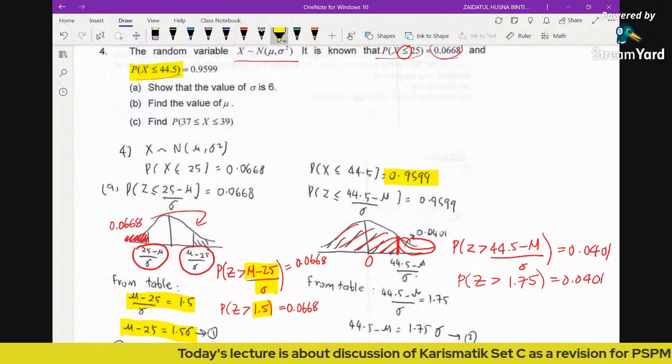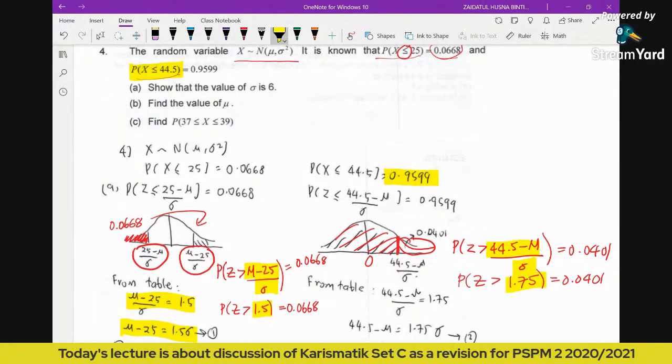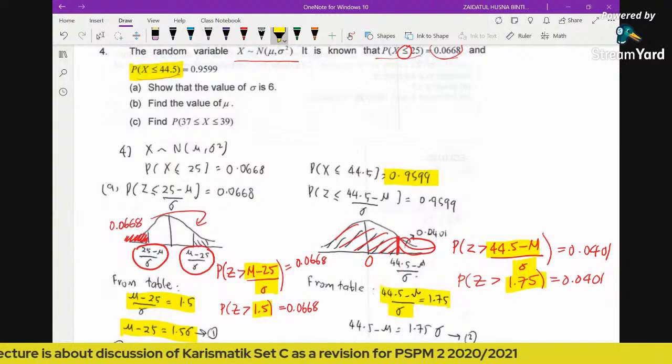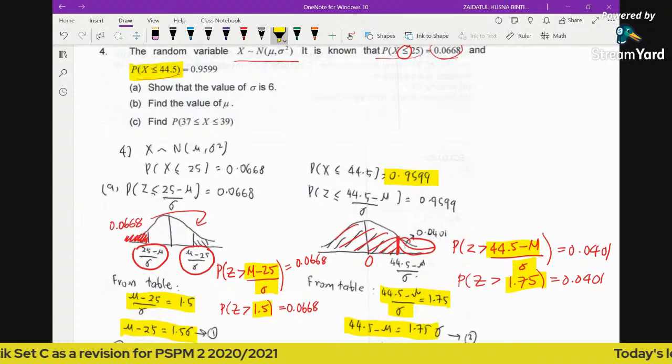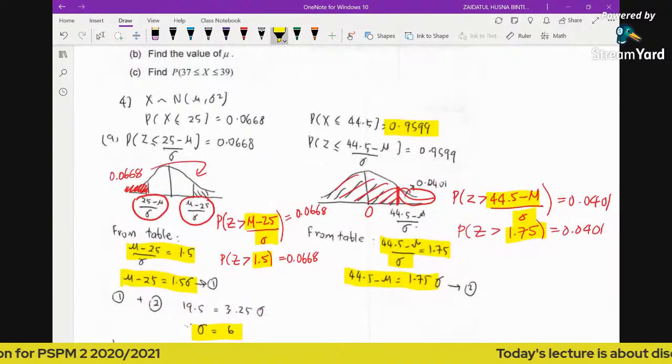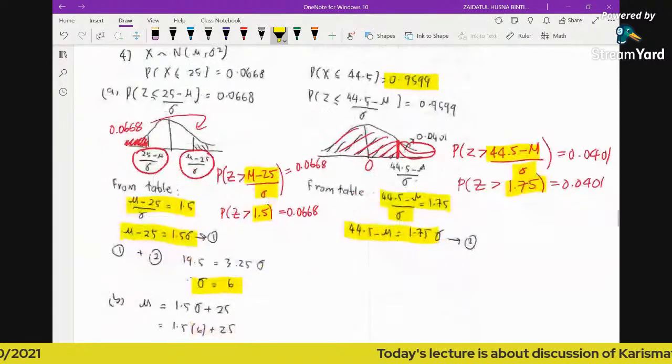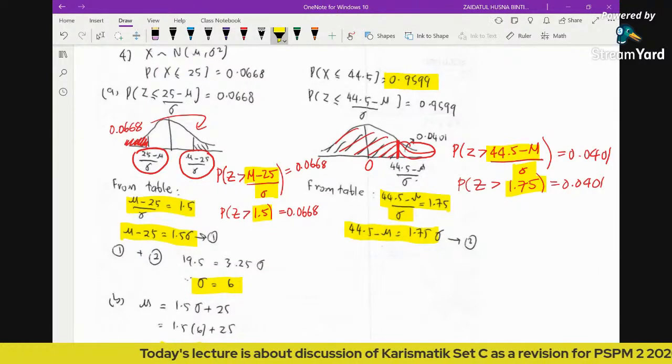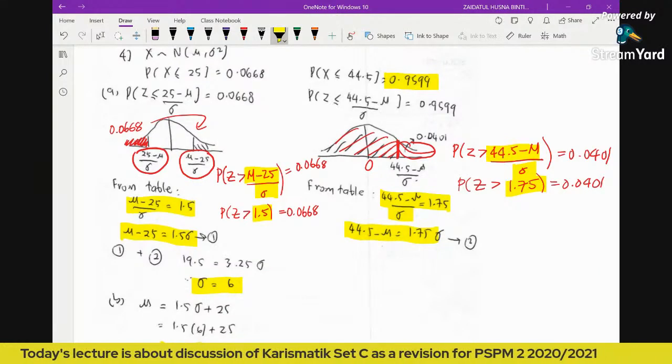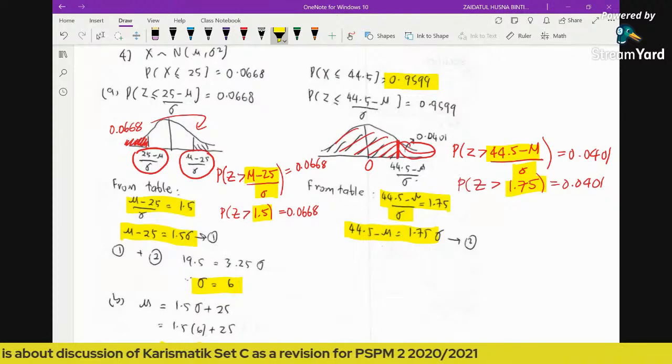Then you can compare the z-score here, and you will get another equation involving mu and sigma. Then you just solve them simultaneously, and you will get the values of sigma and also mu. So please, whenever it involves the normal distribution, do draw the bell-shaped curve.